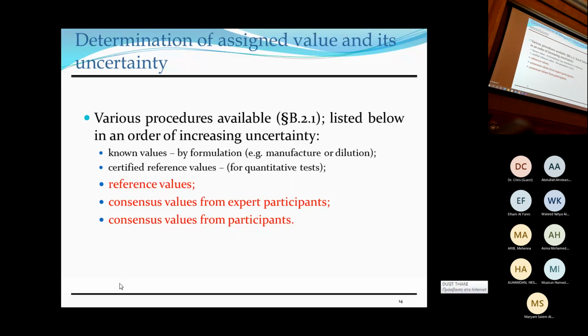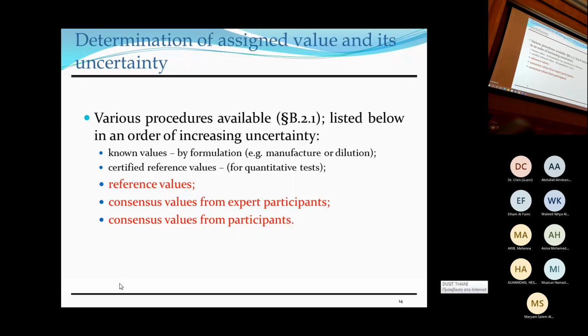Or if the scheme is designed in such a way, I will have expert participants whose results I will use to form a consensus value. So typically, in proficiency testing, the consensus value from participants is to be avoided.